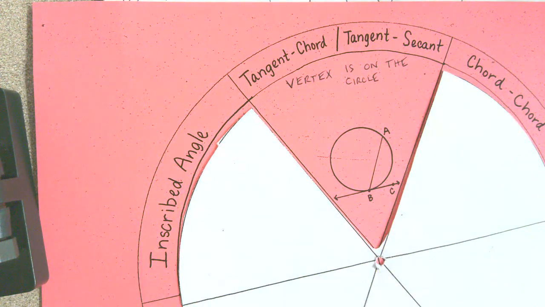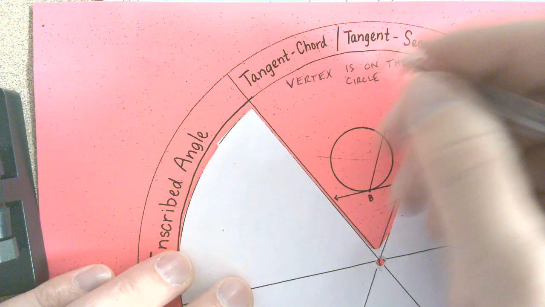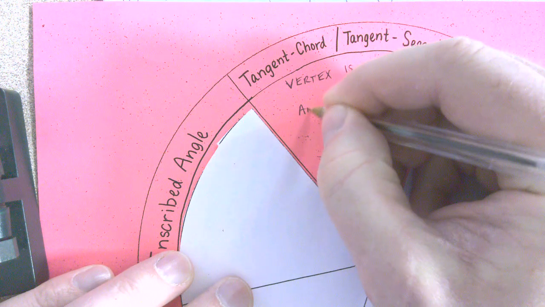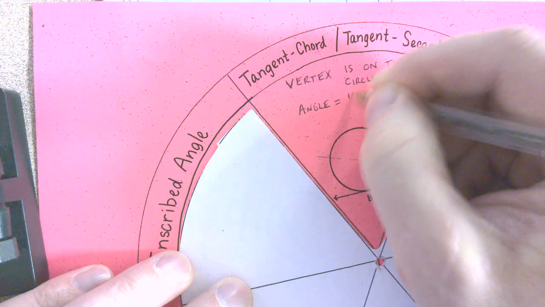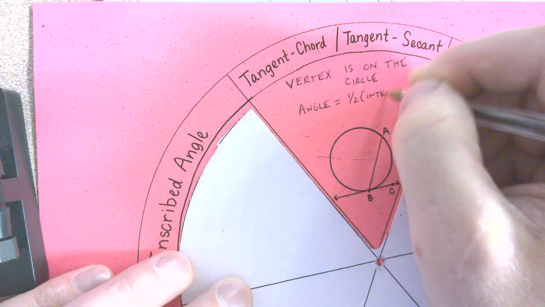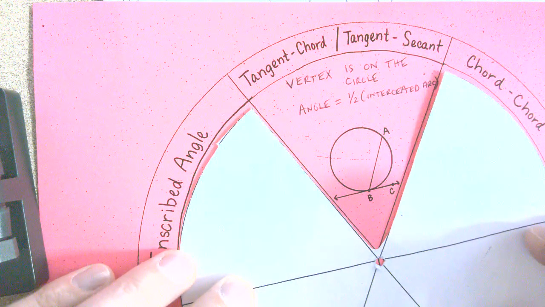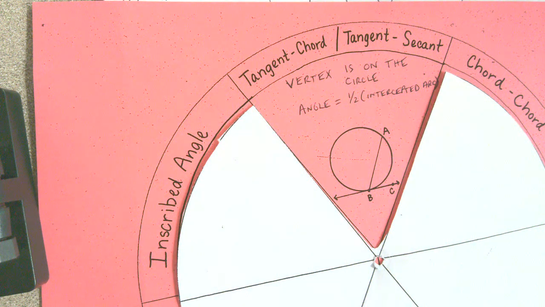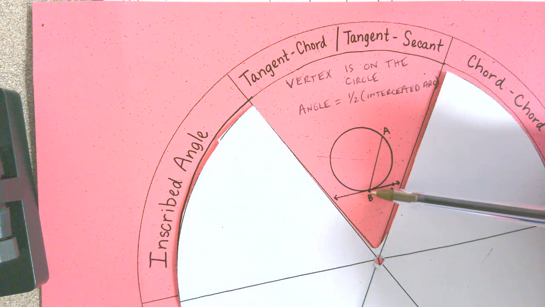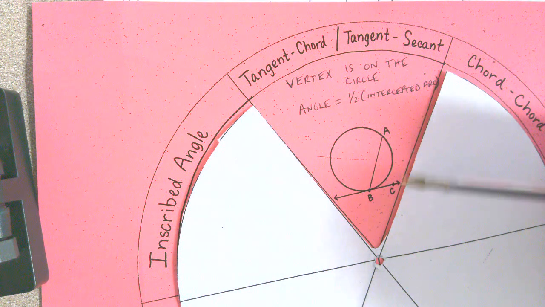And just like with our inscribed angles, when the vertex is on the circle, we say that the angle is equal to 1/2 of the intercepted arc. So when I'm looking at this picture, again, B is my vertex, angle ABC would be my angle, the intercepted arc would be arc AB.